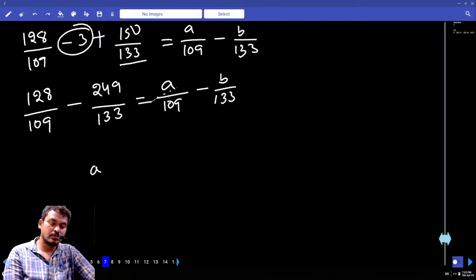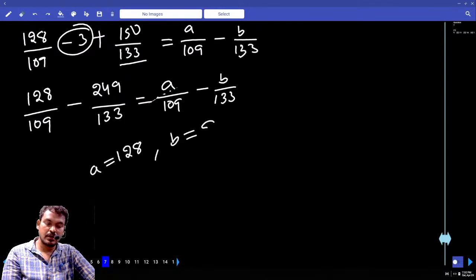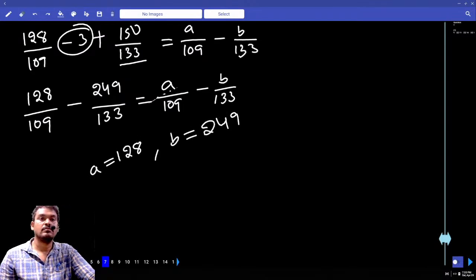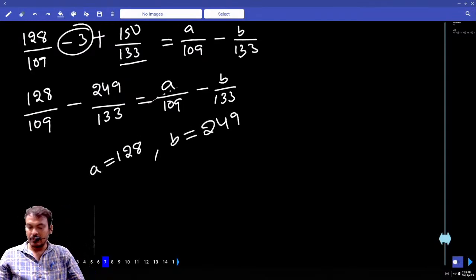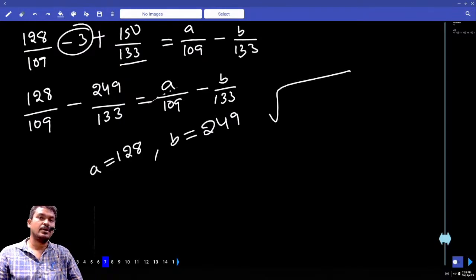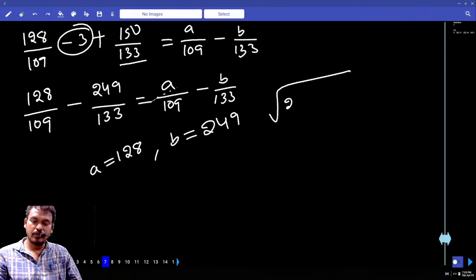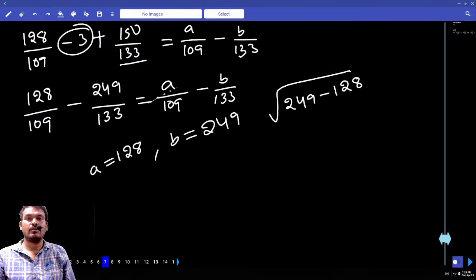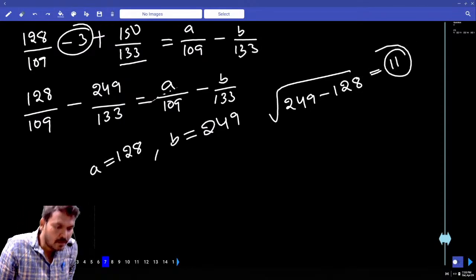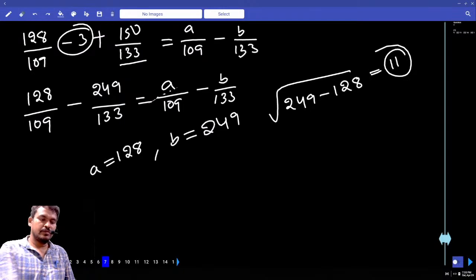A equal to 128, B equal to 249. We required B minus A, which means 249 minus 128. Square root of 121. Square root of 121 means 11. This one is correct.